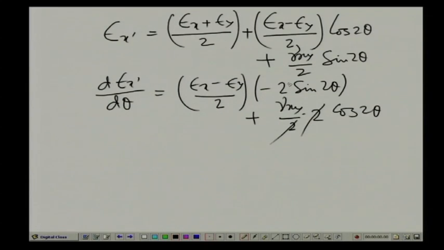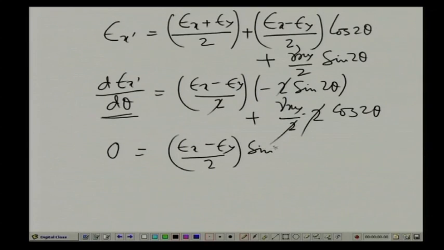This 2 gets cancelled. For maximizing the normal strain, this is equal to 0. So, 0 is equal to epsilon x minus epsilon y by 2 sin 2 theta with a minus sign here plus gamma x y cos 2 theta.